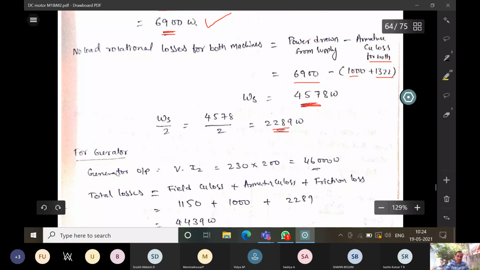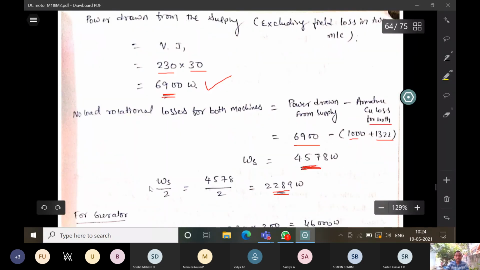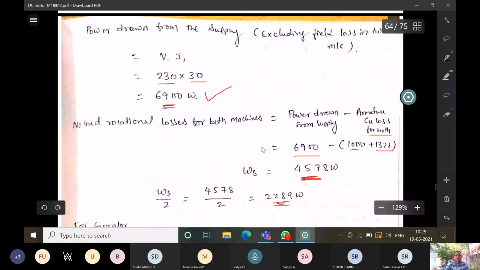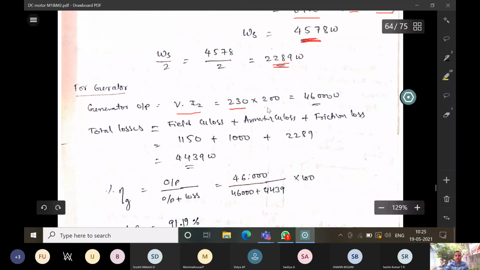Now calculate individually for the generator. Generator output is equal to V into I2. V is 230 and I2 is the current flowing here, that is 200, so we get 46,000 watt. Similarly, total losses are field copper loss, armature copper loss, and friction and windage loss, that is stray loss.